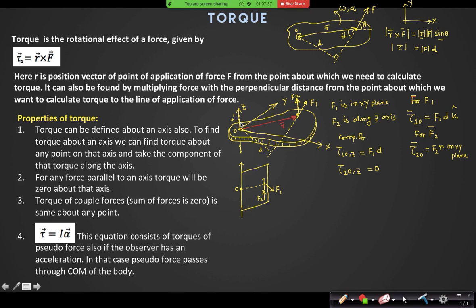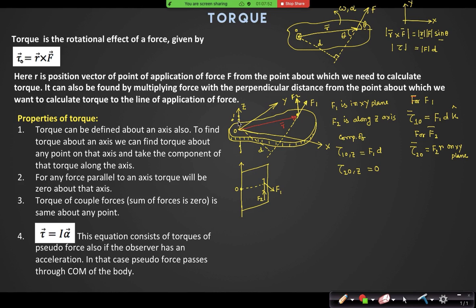So basically, it does not depend on which point you are taking. It can also be proved mathematically, but I'm not going into that proof. It's a very simple proof, but it's not needed.